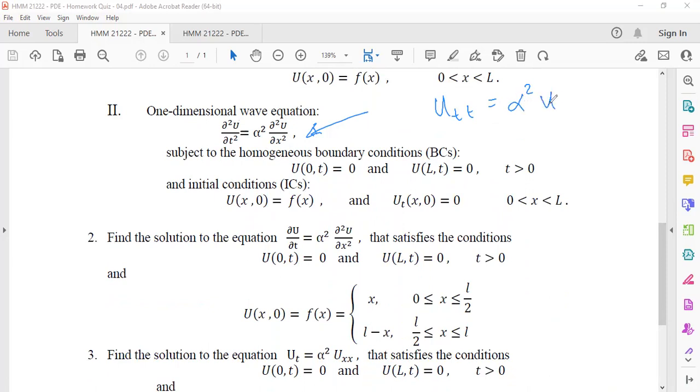So what do you mean by alpha squared? Did you find the answer?